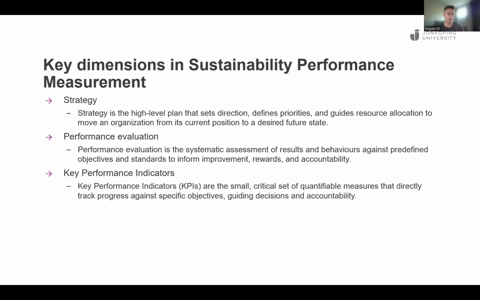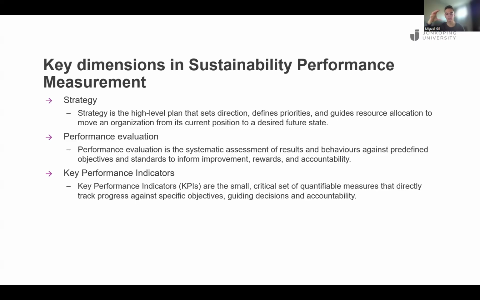Then performance evaluation is another concept that is very important because performance evaluation will tell you how well people or groups or divisions in the organization are doing in order to fulfill these strategic goals. So performance evaluation is a systematic assessment, that's very important.